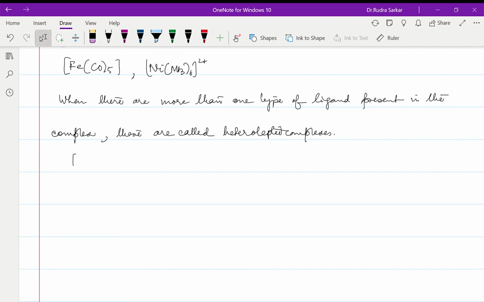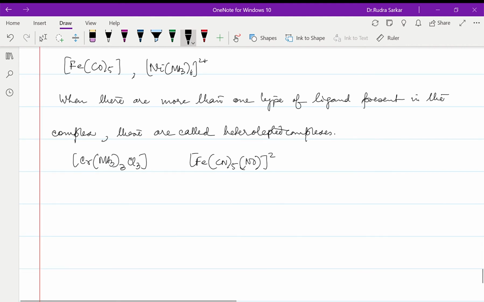Okay, suppose there is a chlorine and ammonia, so these complexes are called heteroleptic. Here obviously you are seeing for the metal ion Fe there are 5 molecules of CN and 1 molecule of NO. So there are two types of ligands out here.